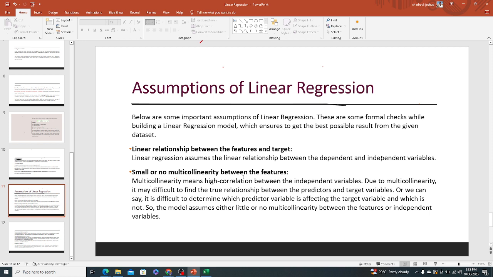For example, if we are building a salary prediction model using work experience in years, and we introduce skills, how can we measure skills?